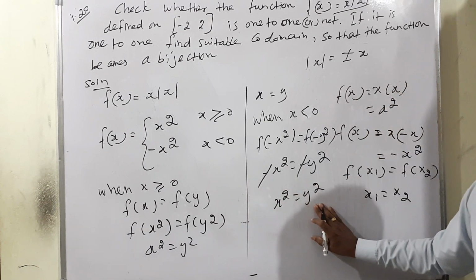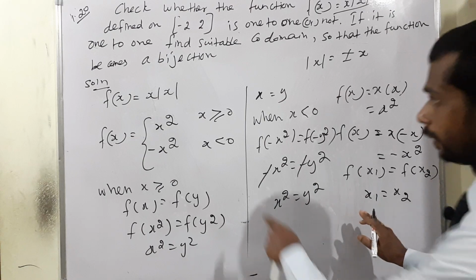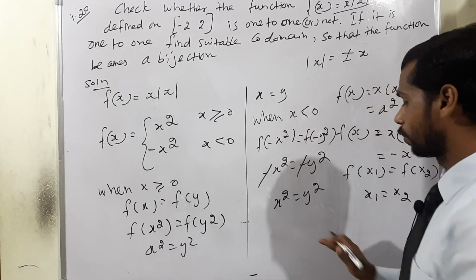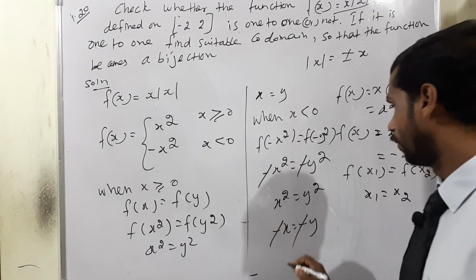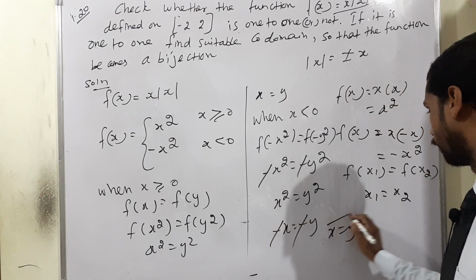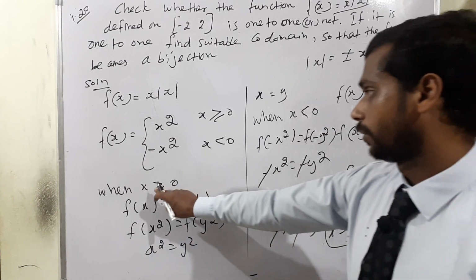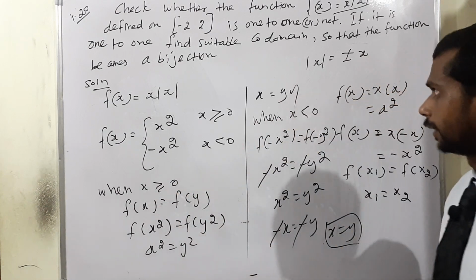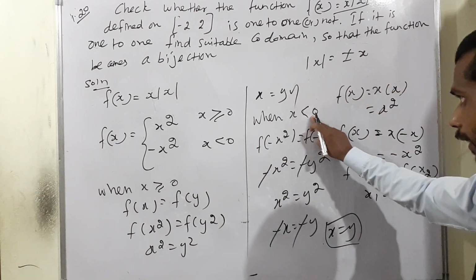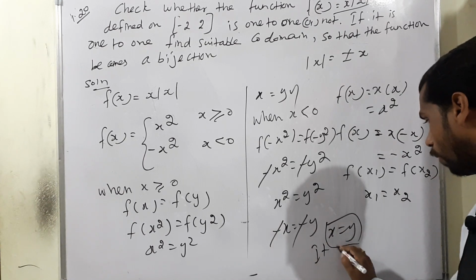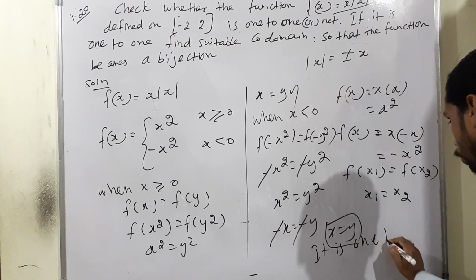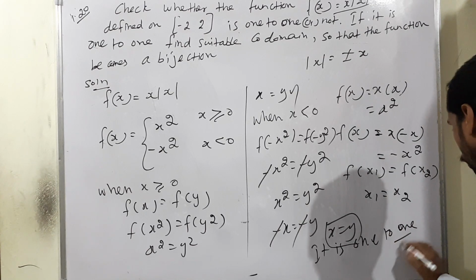If you remove the square, plus or minus value, but the condition less than 0 means only negative value. Therefore, negative x is equal to negative y. Both sides negative cancel, so x is equal to y. See, the first condition, greater than 0, output we have x is equal to y. At the same time, x less than 0 also we have the output x is equal to y. Therefore, we can say the function is one-to-one.